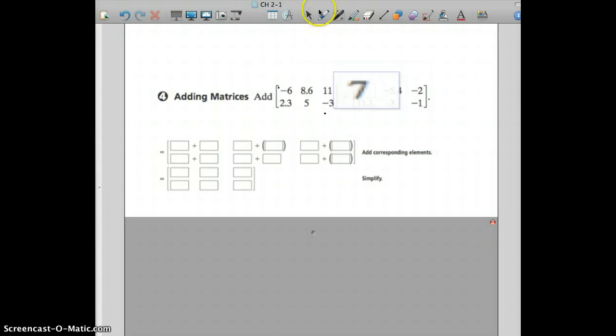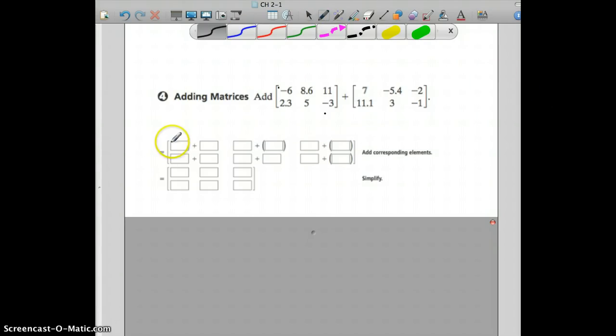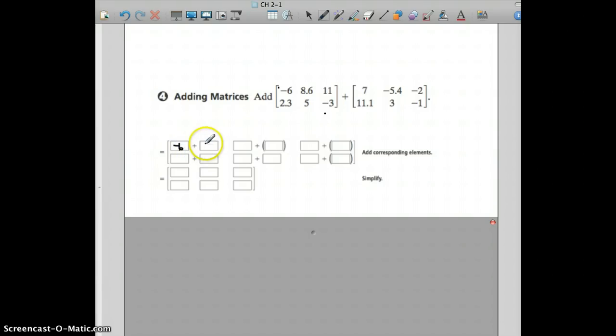So we take -6 plus 7. -6 plus 7 results in a +1, which is then placed in the first position of your final matrix here. We then go on to 8.6, which is the second number in the top row, and we're going to add to that, because we're adding the two matrices, the -5.4.